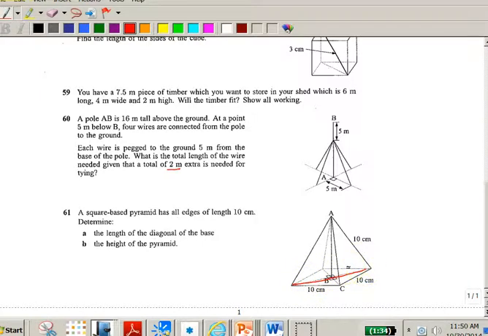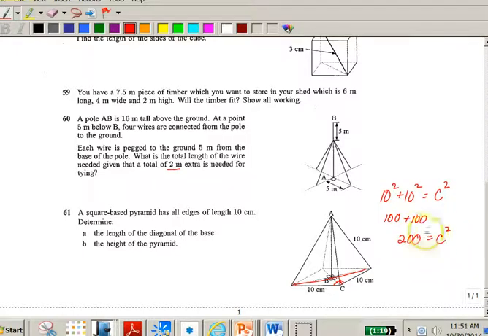Just like on those rectangles, that's a right angle. It's in 3 dimensions, so it really doesn't look like a right angle, but it is. So that red diagonal is going to be 10 squared plus 10 squared equals C squared. So we have 100 plus 100, which is 200, equals C squared.